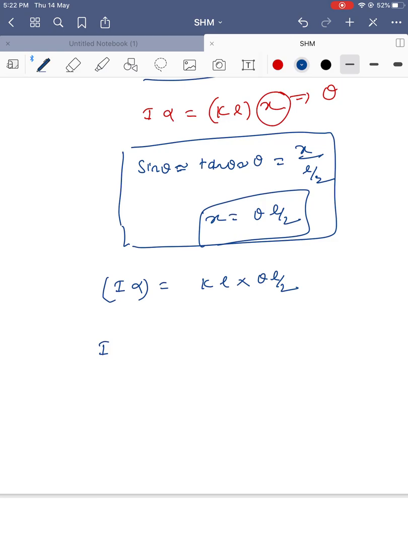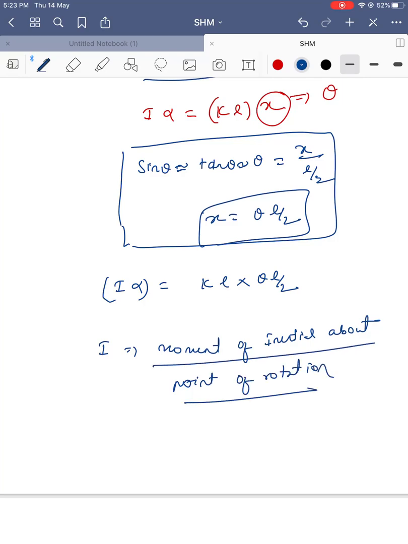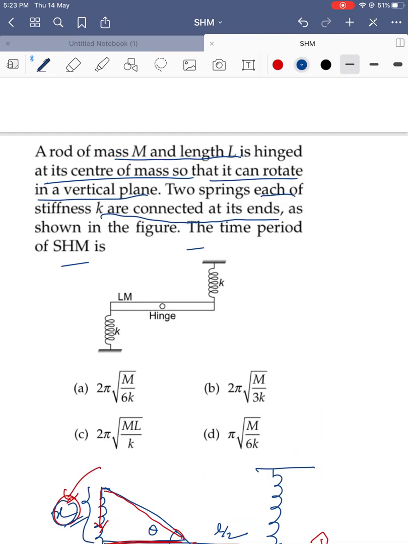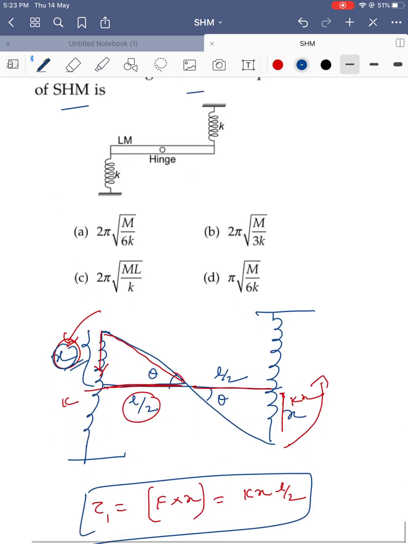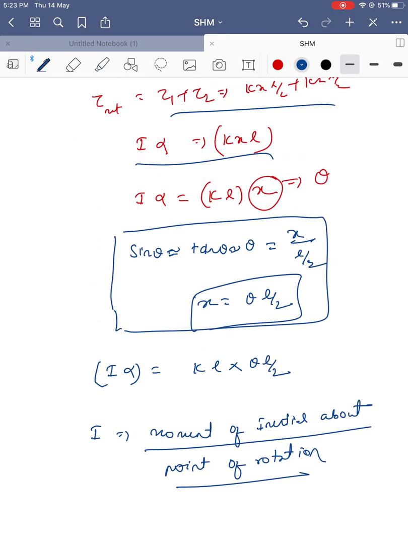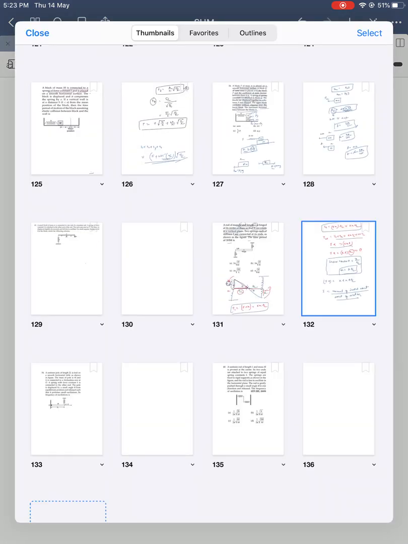I, moment of inertia about point of rotation. Moment of inertia about point of rotation. So what is the mass of the rod? Mass of the rod is m, and length is l. About the center, what is the moment of inertia? ml square by 12. So we are creating a few pages.